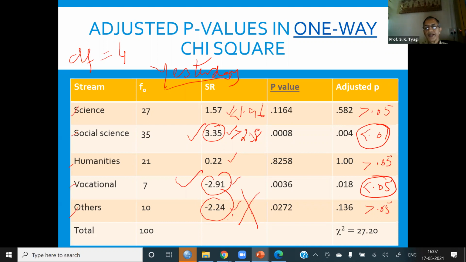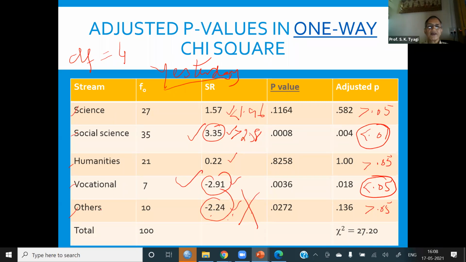So if you interpret on the basis of the unadjusted standardized residual, then this would have been a significant result. And yesterday we saw that this test worked in favor of social science, but against vocational and other stream students. But now we must modify our inference.